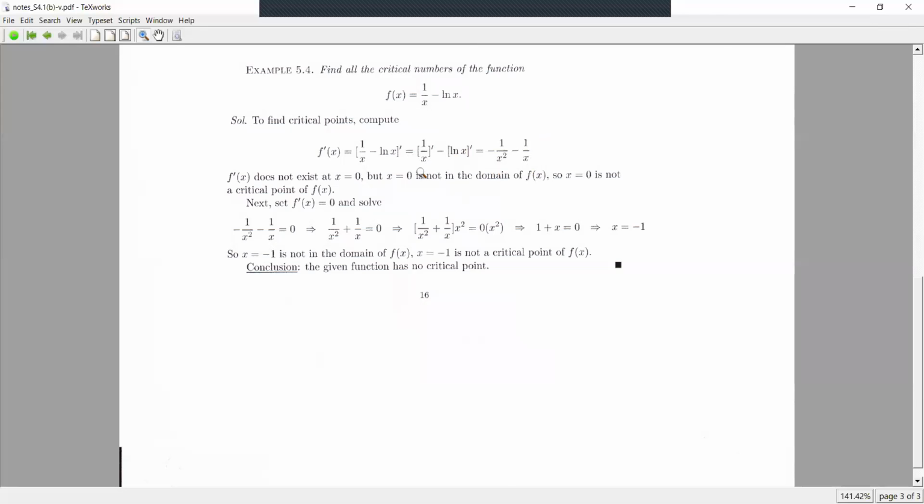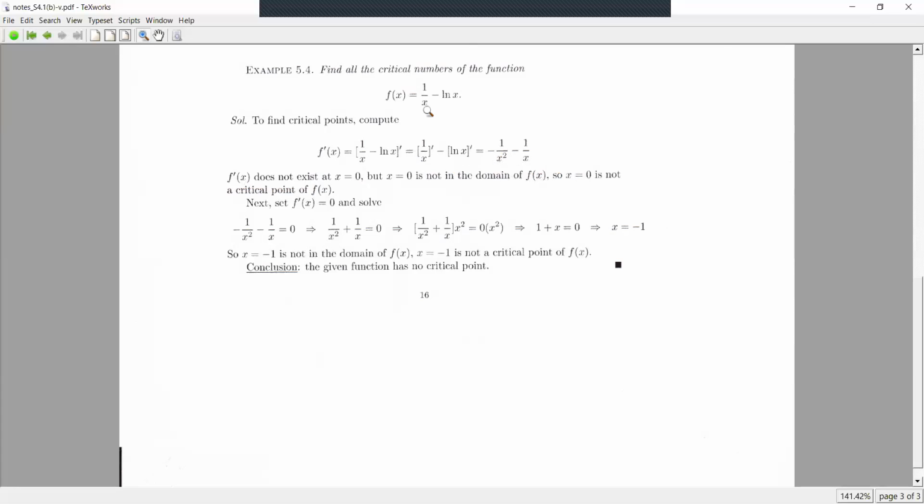Okay, a critical point is a point where derivative doesn't exist or derivative is 0. Where derivative doesn't exist, clearly when x is 0, derivative doesn't exist. But 0 is not in the domain of the function.